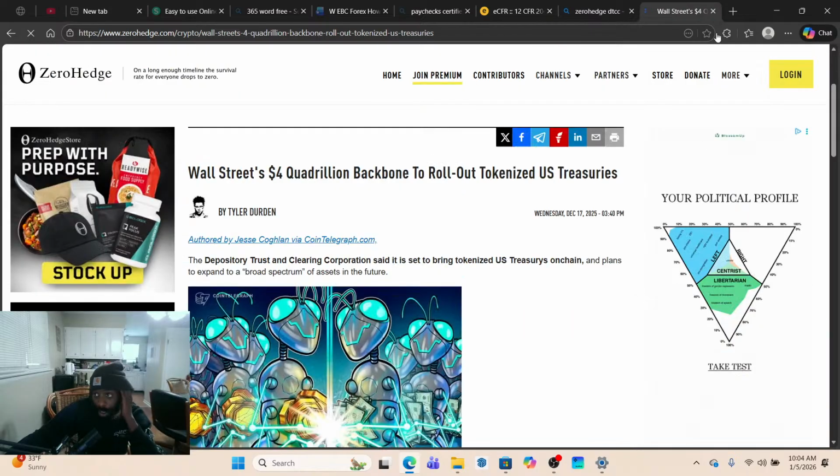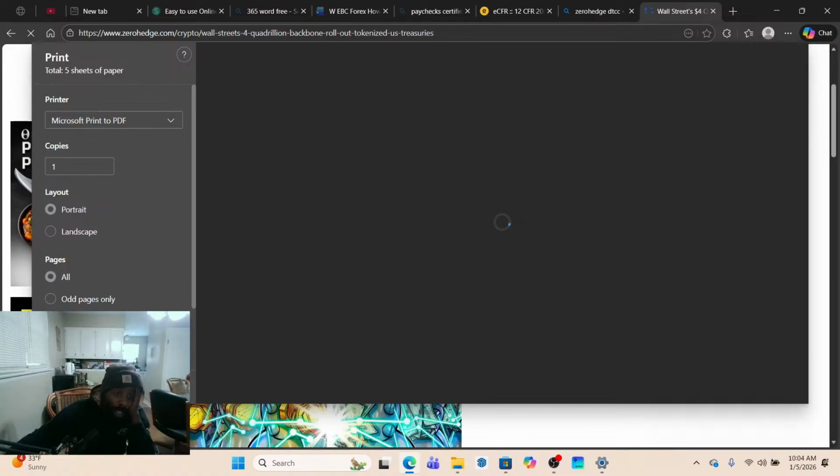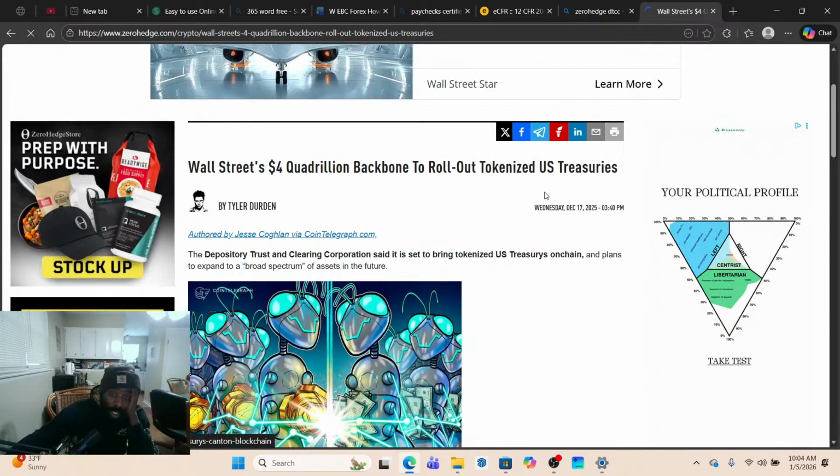So what you do here is you hit Control P for print, and it gives you the ability to print through a printer or to a PDF. You print two different ways. The PDF is gonna give you the website. It's still loading, y'all.